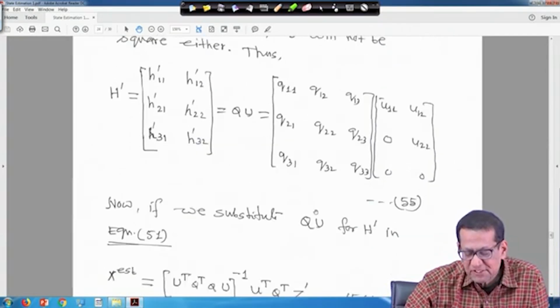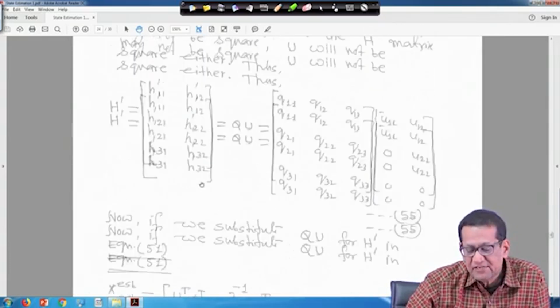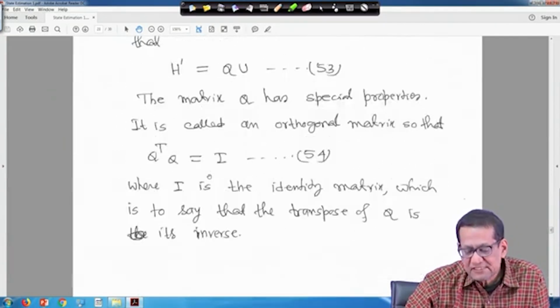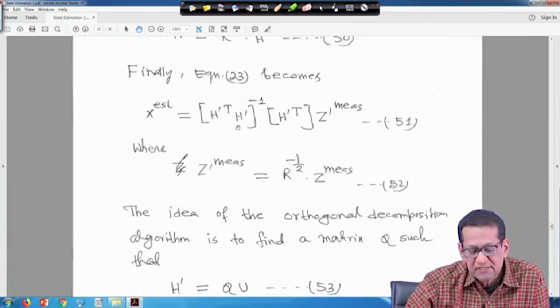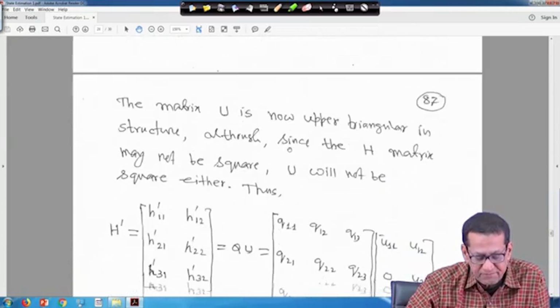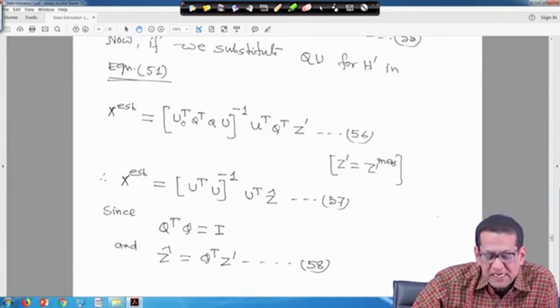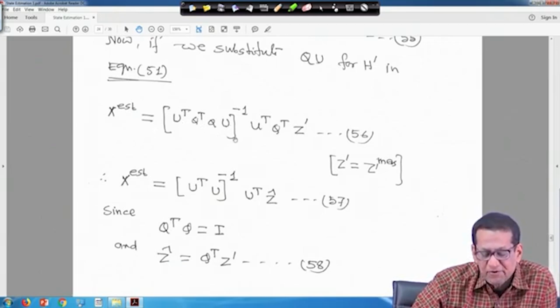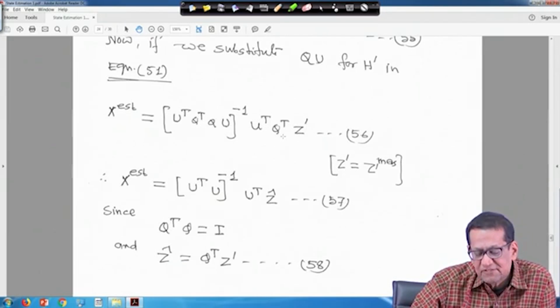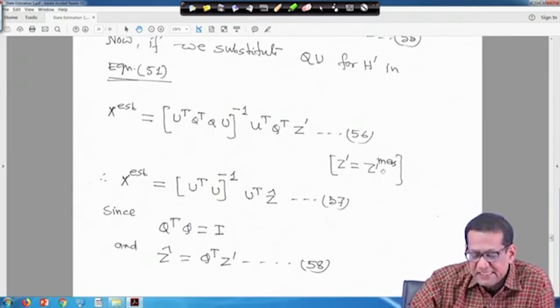Now, if we substitute Q U for H dash in equation 51, you will get x estimated equal to U transpose Q transpose Q U whole inverse, then U transpose Q transpose Z dash, right. This is equation 56, where Z dash is Z dash measured.